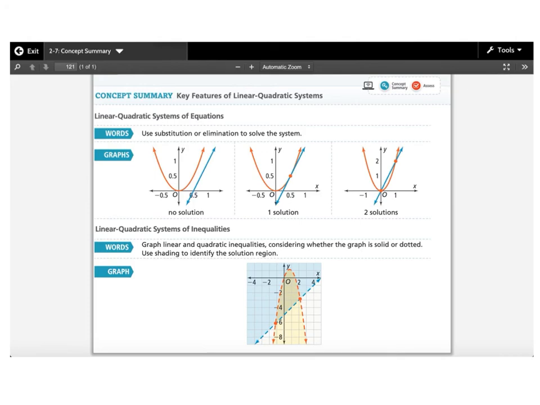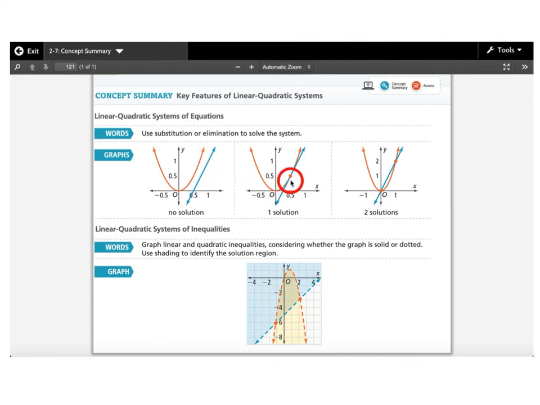Finally, in summary, when we look at a linear quadratic system of equations, we can have three scenarios. In this scenario, the two functions do not touch each other. There are no intersections, and therefore there are no solutions, which really means nothing on this line and nothing on that parabola can satisfy both.